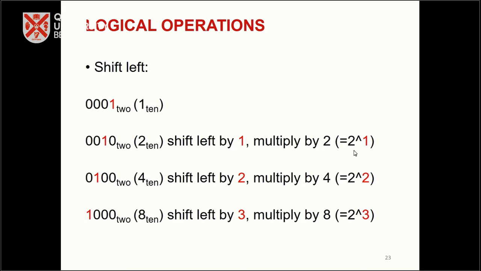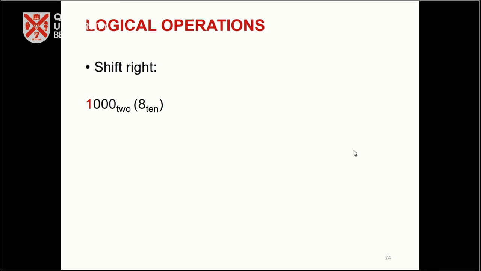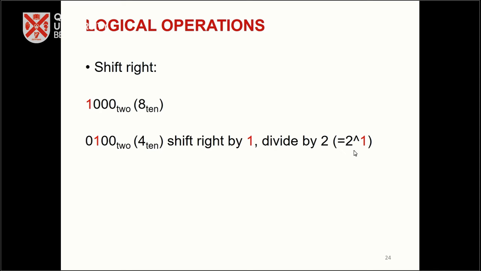When we move right, what will happen? If we move left and we multiply, if we move right, probably we are going to divide. So the same: if I shift right, we move this one position to the right and fill with zeros.